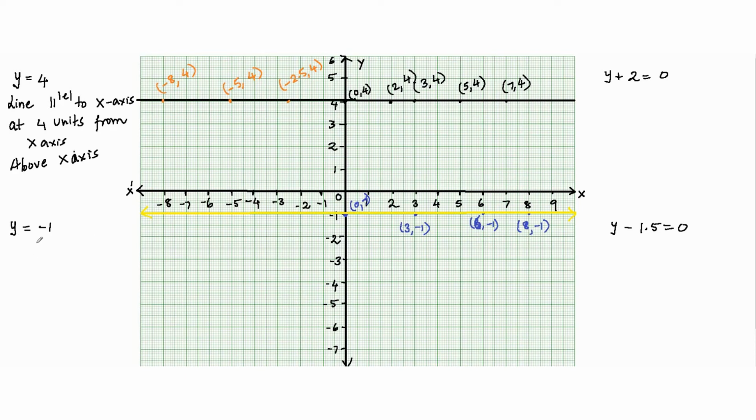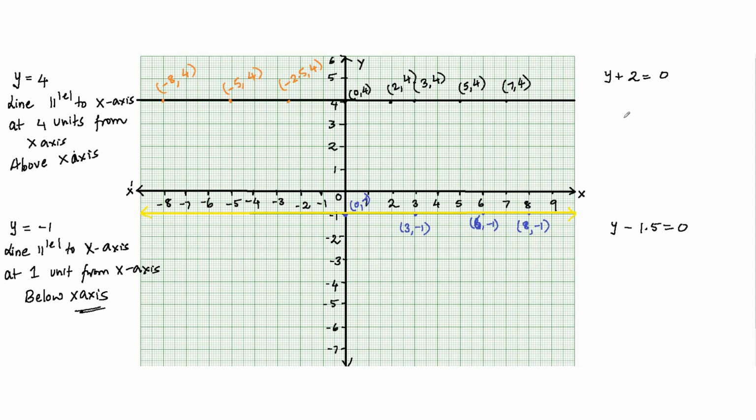So I can say that y equals -1 is going to be a line which is parallel to the x-axis, and it is at a distance of 1 unit from the x-axis, and also it is below the x-axis, right? It is below the x-axis. And this is how we can plot the line y equals -1.